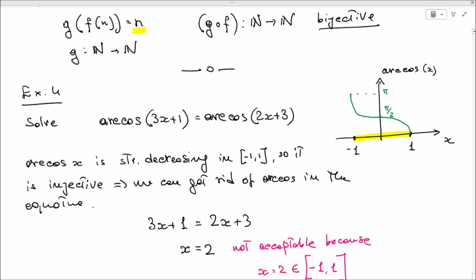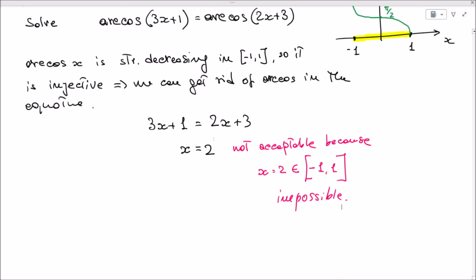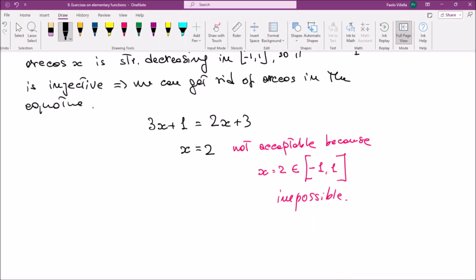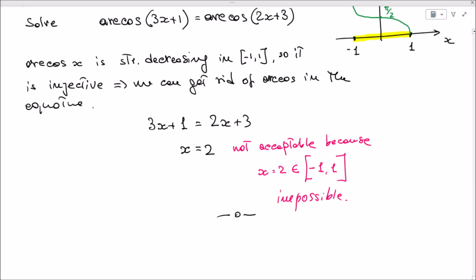Okay. So let's see what happens if instead of applying the arc cosine, we would just have this equation: logarithm base 11 of 3x plus 1 equal to the logarithm base 11 of 2x plus 3.